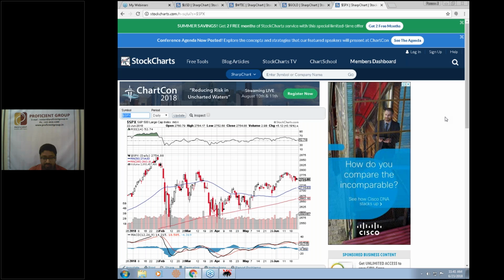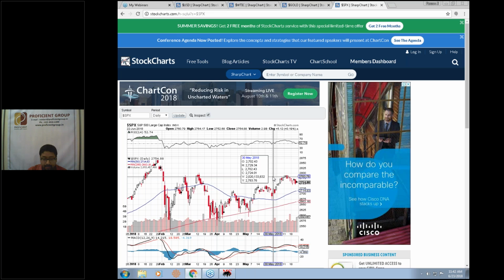They are likely to continue, and nearest support is at 2714 region, which is the 50-day moving average. And further below, we can take a support at around 2690 region.